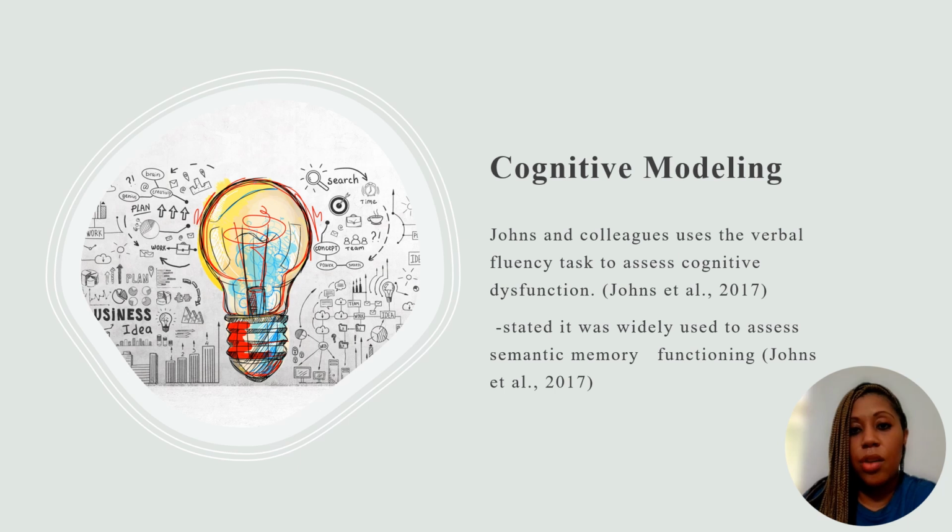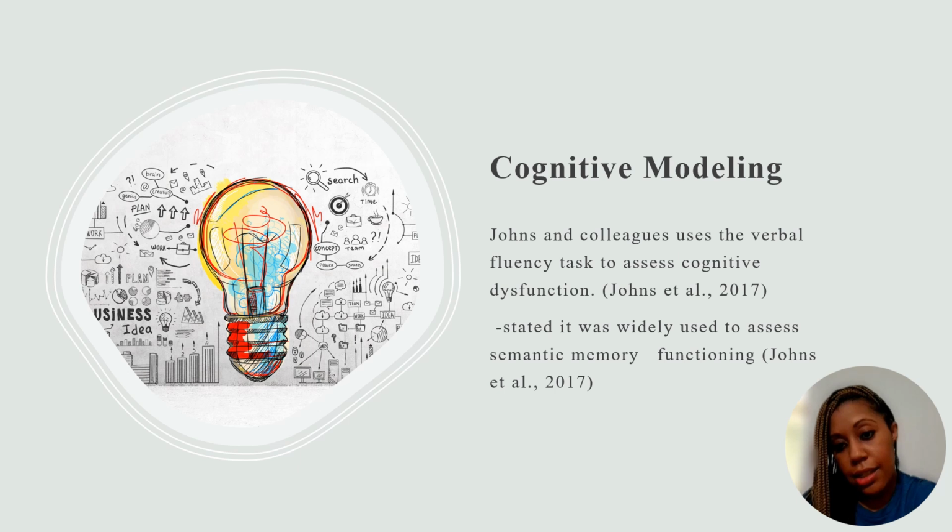First, let's discuss how we assess if there is a cognitive dysfunction or memory impairment. One cognitive model I know of was done by Johns and some colleagues, which is the verbal fluency task to assess cognitive dysfunction.